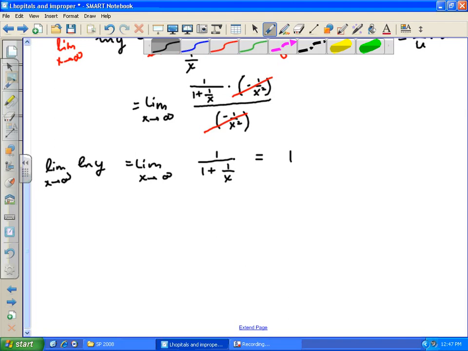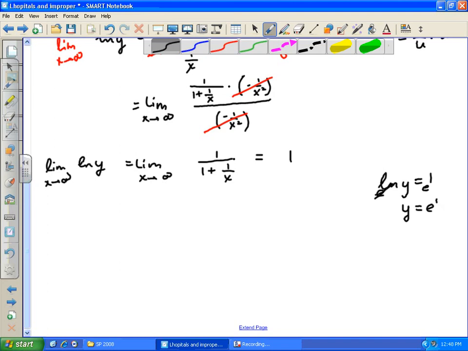If you know ln y equals a number, can you tell me what is y? If you know ln y is equal to 1, what can you tell me about y? Remember, exponentiation, you can exponentiate both sides, e to the ln cancel, so y equals e to the 1, right?